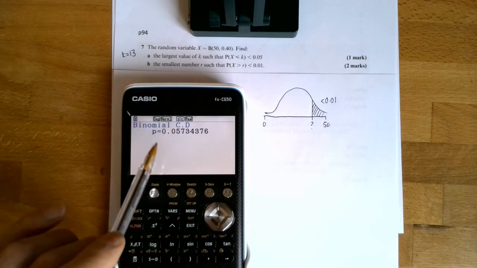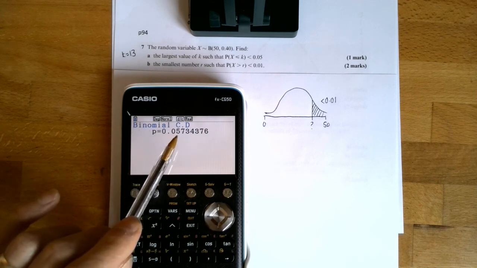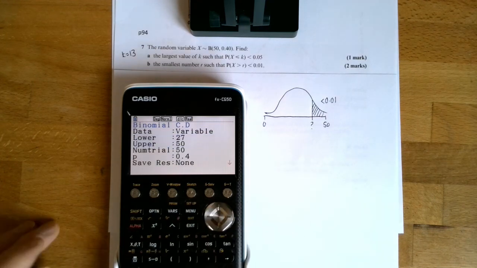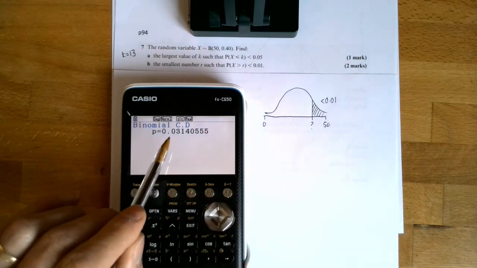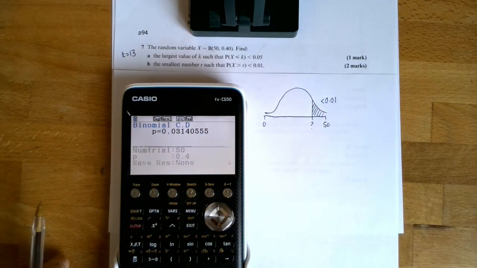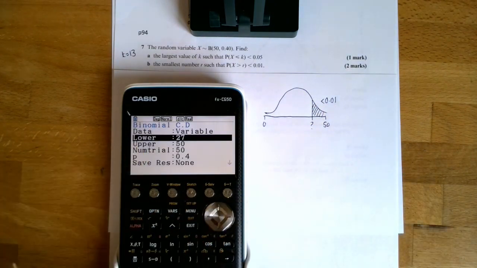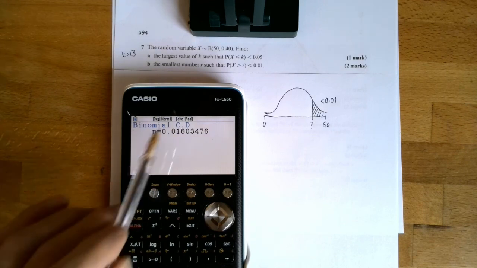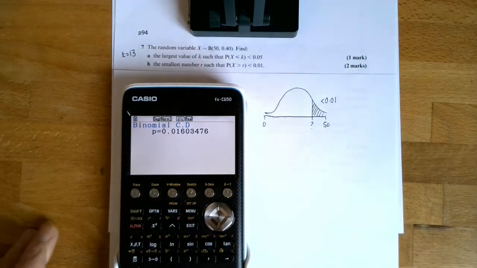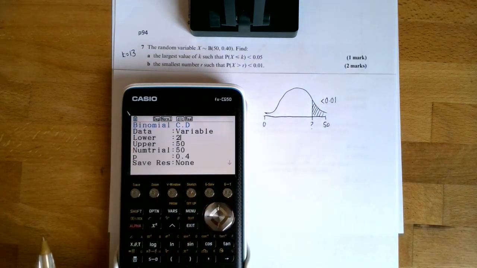26, 0.05. 27, 0.03. Remember, I wanted the first value that's less than that. 28, 0.016, bigger than this, but we're getting close, aren't we? 29.